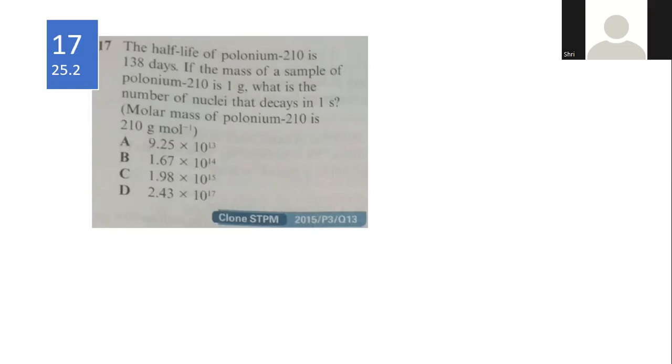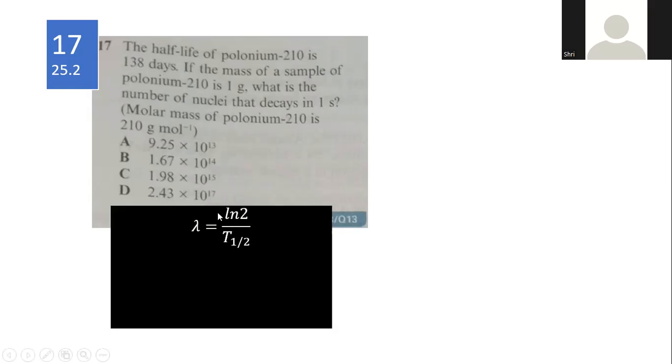You want to find activity, and you should be able to interpret the answer. Activity is just N times your lambda. Calculate your lambda and calculate your N. These are given there, put inside there.